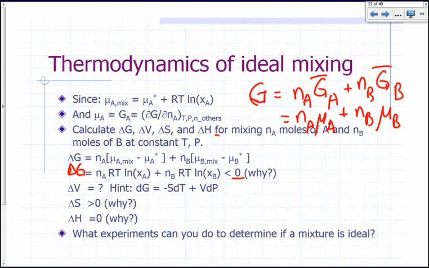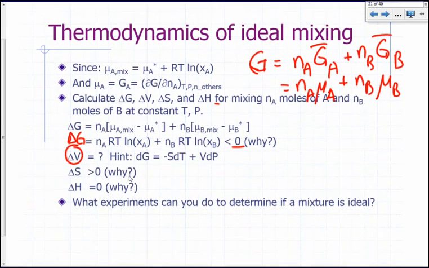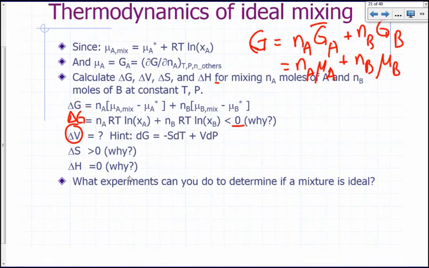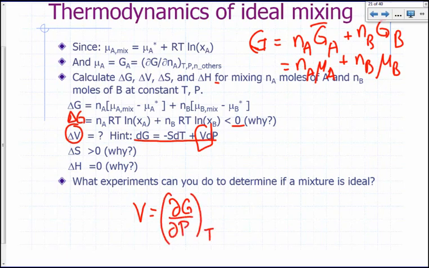Okay? What about delta V? How are we going to solve for delta V? Change in volume. How can we determine delta V? Look at dG equals minus S dT plus V dP. What's volume here? Volume is just the partial of G with respect to pressure holding temperature constant, right? So delta V would just be the partial of delta G with respect to pressure holding temperature constant.